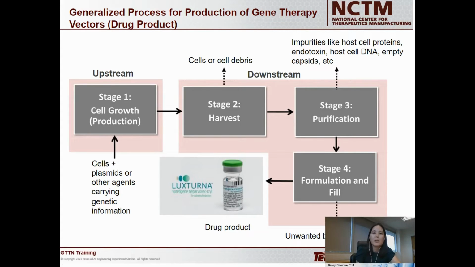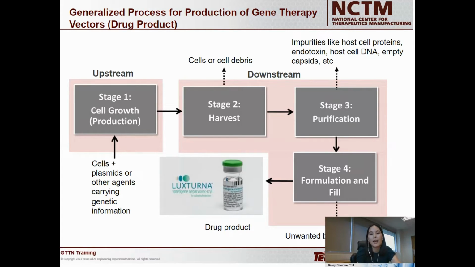The first block is going to be your harvest operations, where you're really just doing a phase separation between your cells or cell debris and your spent media. Then you'll go into the next stage, which is purification, where you're trying to remove all of those impurities that we talked about earlier. And then lastly, in stage 4, we're going to be formulating and filling our products.